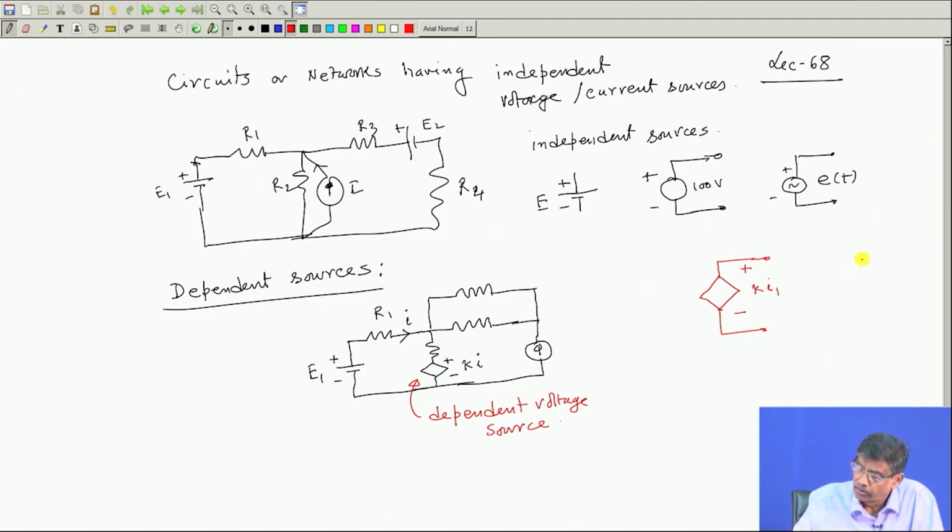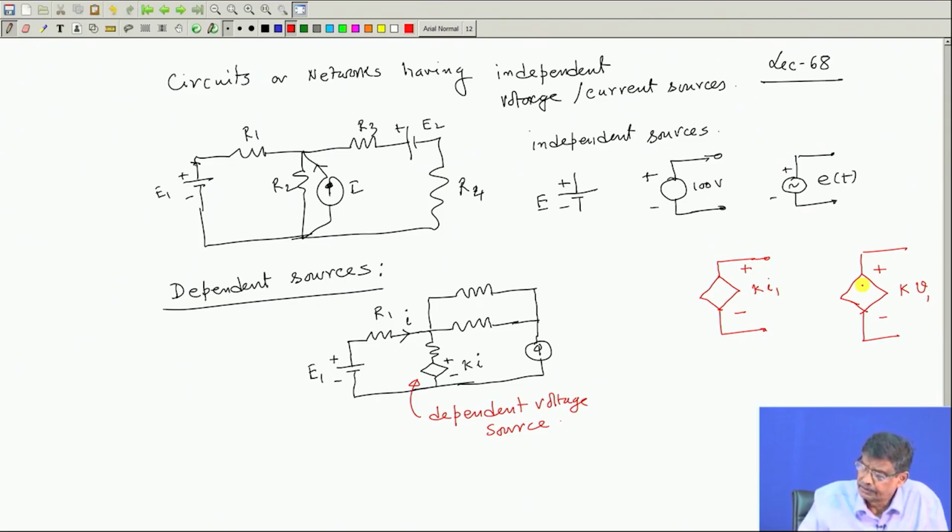Or another dependent voltage source may be, plus minus, where the voltage between these 2 points will depend upon the voltage across some other branch, V1 maybe. In that case K will be unitless. And what is V1? V1 is the voltage in some branch number 1, whatever it is, that will be very clearly specified.